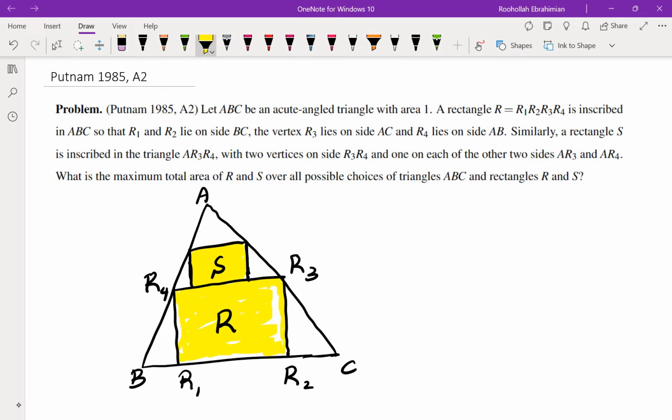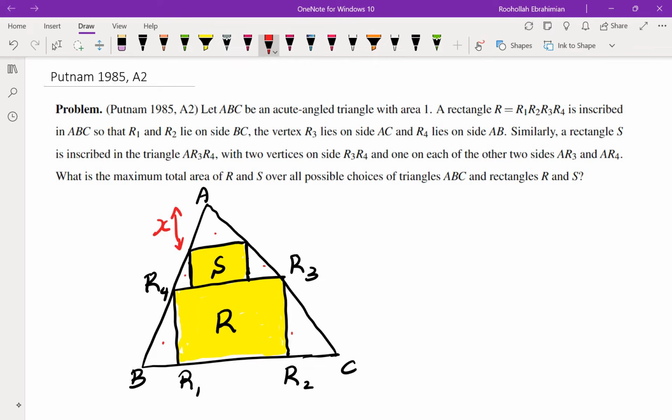So let's try something slightly different. If you look at the complement of this area, we have 5 different triangles, 1, 2, 3, 4, and 5. The top triangle is similar to the original triangle, which means if I know the ratio of one side of this to the entire thing, then we would be able to find the area of that triangle. So let's say the height of this triangle is x.